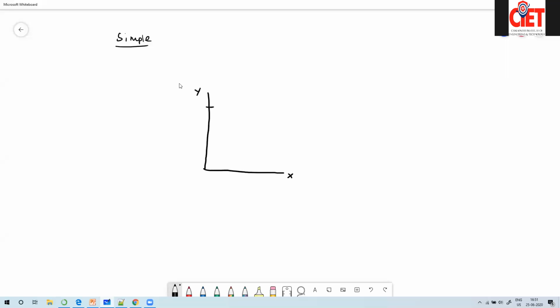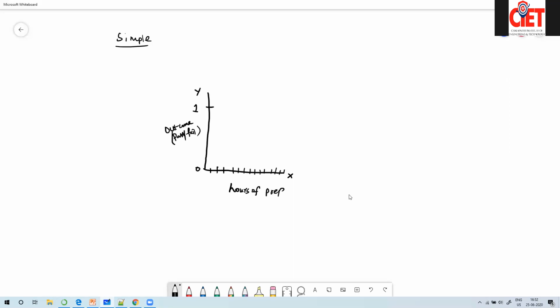Y can take values like 1 or 0 because here it's binary data. Either it is a 1 or it is a 0. There are no other options available. Let's take X as hours of preparation for an exam and Y as the outcome, whether the person has passed or failed. 1, 2, 3, 4, 5, 6, 7, 8, 9, 10, 11, something like this.